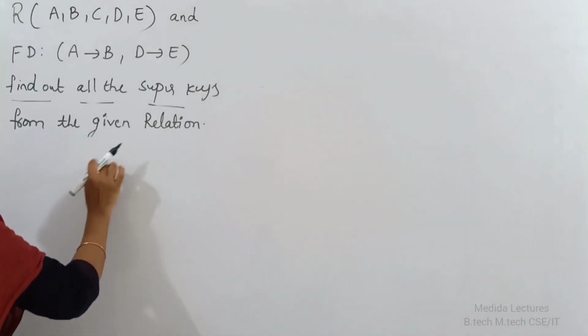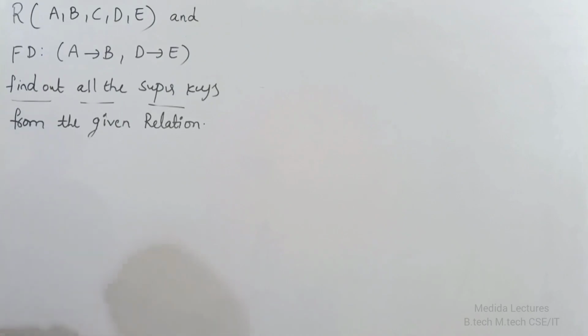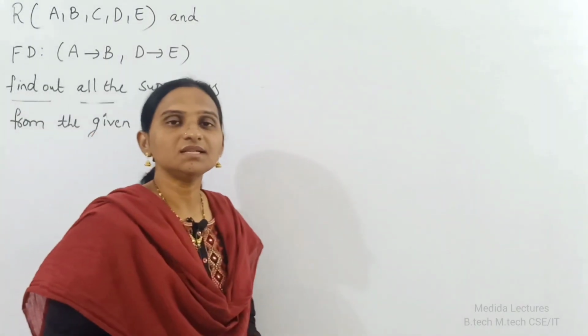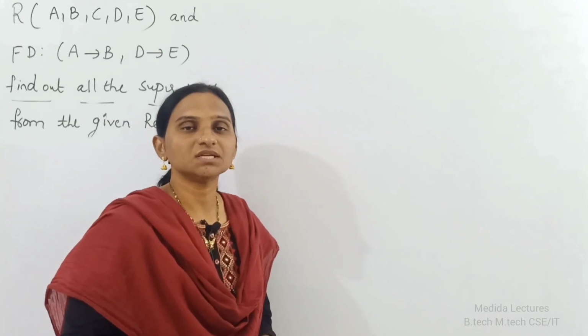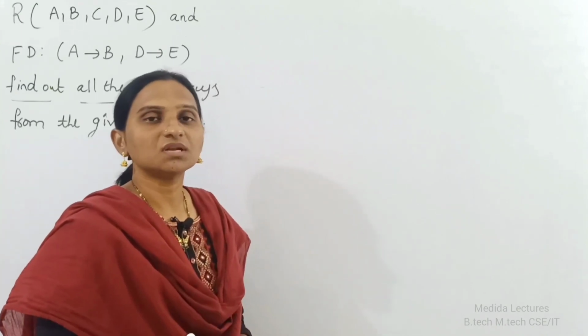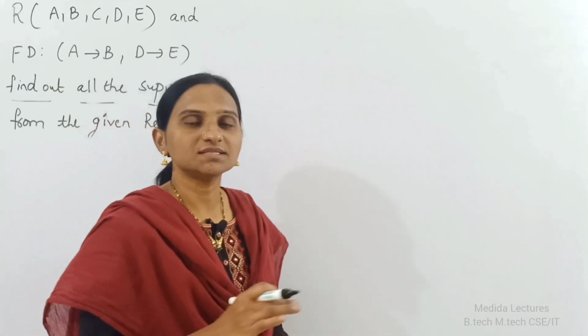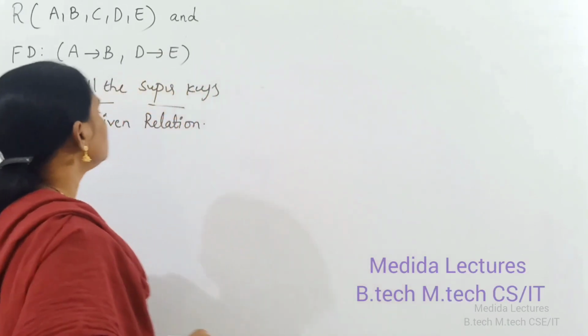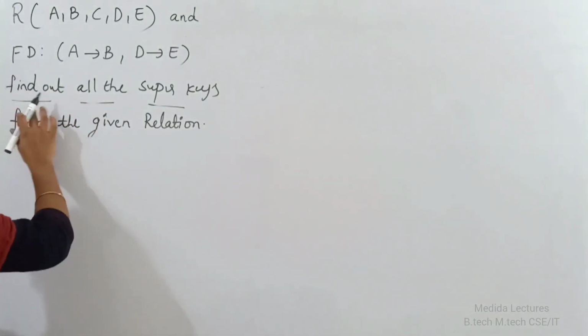Before going to that, what is a super key? A super key is a key whose closure contains all the attributes of the given relation. If an attribute or set of attributes has a closure consisting of all the attributes, then it is a super key. So what is the procedure to find all the super keys?